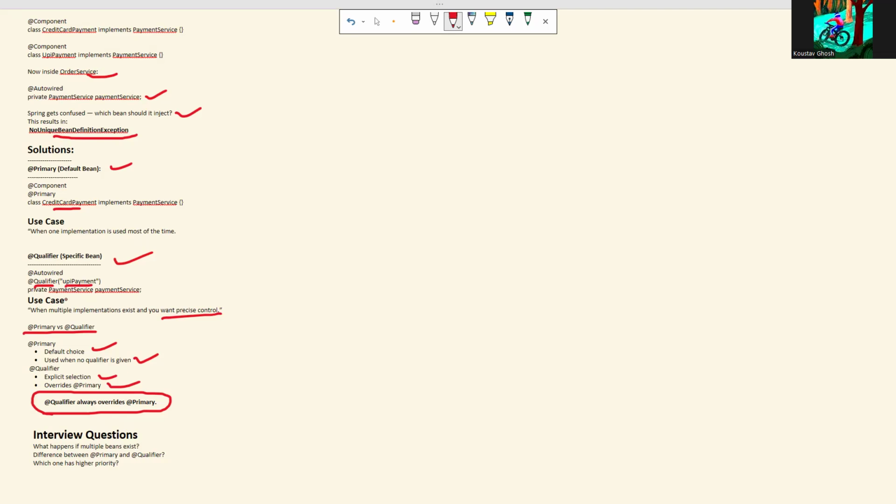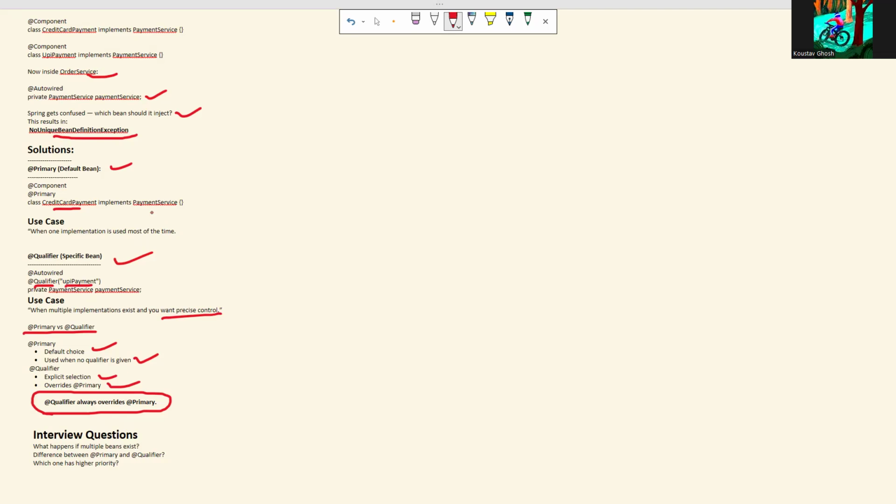If you do not ask the waiter for anything specific, then the waiter will come with drinking water. In the same way, when Spring sees the primary annotation on any class, whichever implements the payment service interface, by default that bean will be injected.